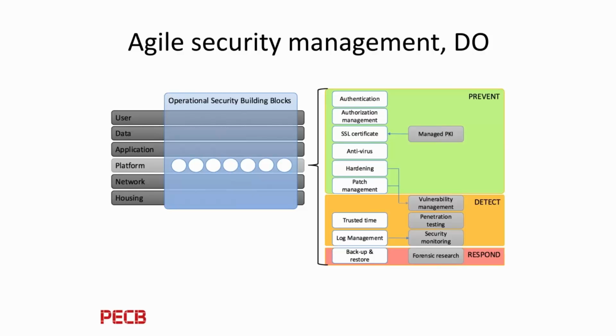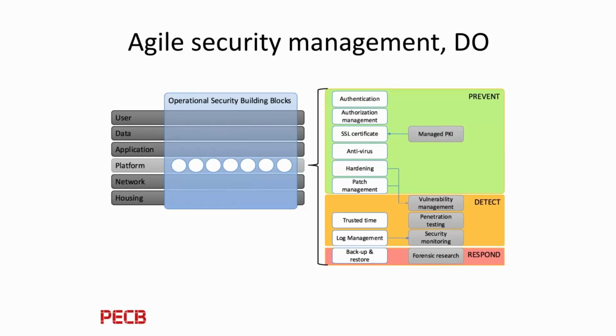Those building blocks are detailed out on the right side. So that's authentication or authorization management or an SSL certificate. This can be a process or a technical service, or it can be a template or a person, something that helps to improve security.